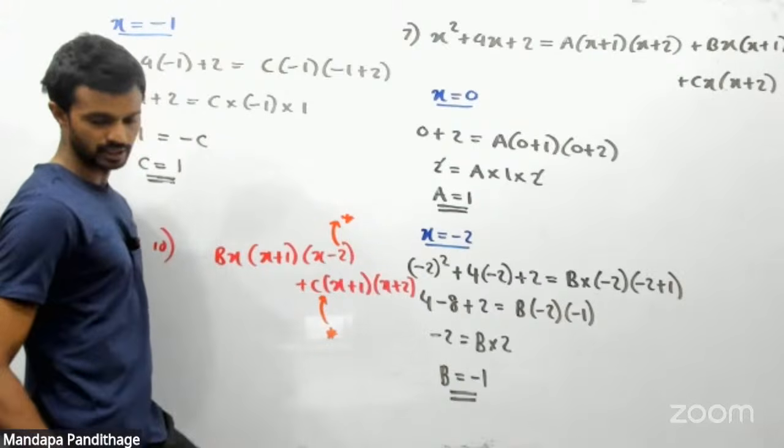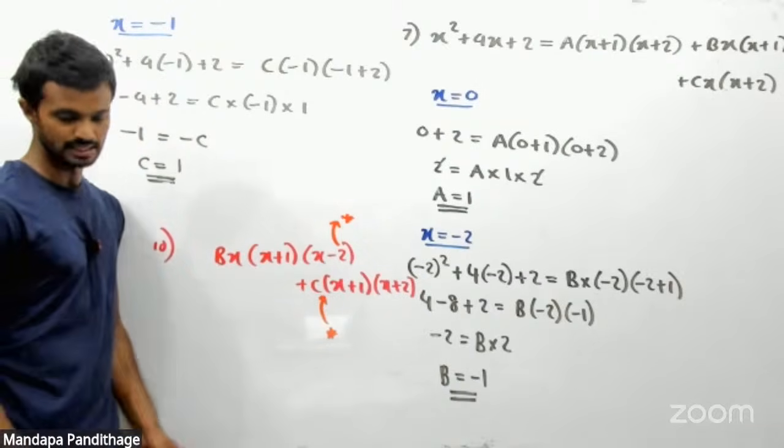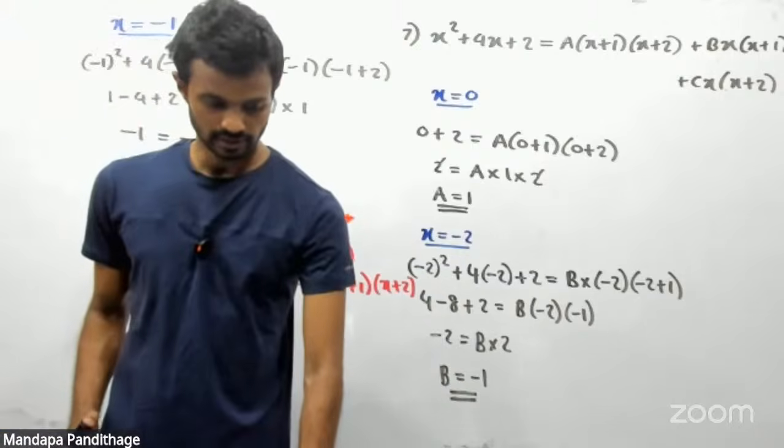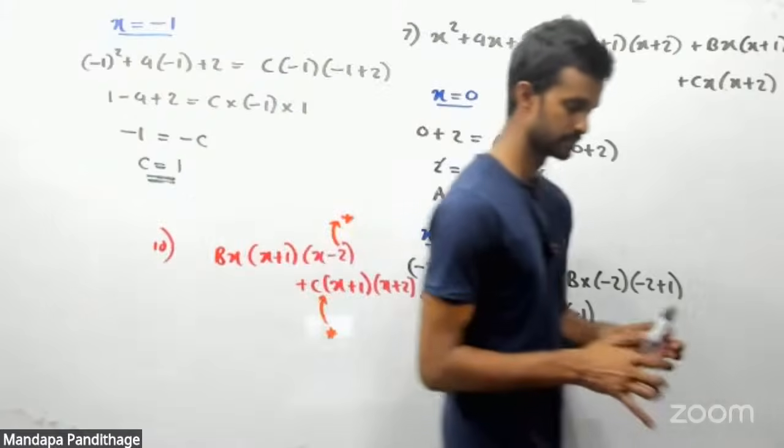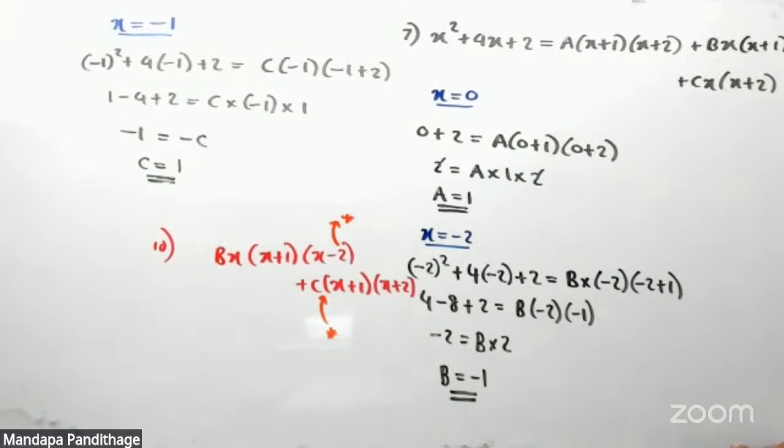So do question number 10 and send me a message mentioning the ABC values. Everyone send me a message mentioning the ABC values here. Question number 10, write it properly. I have just changed the question a bit.